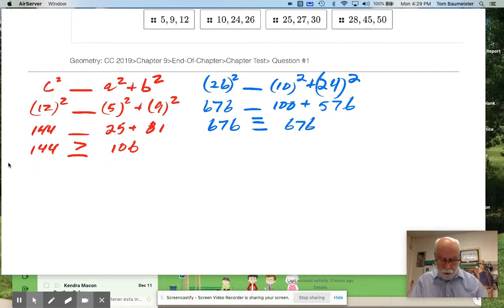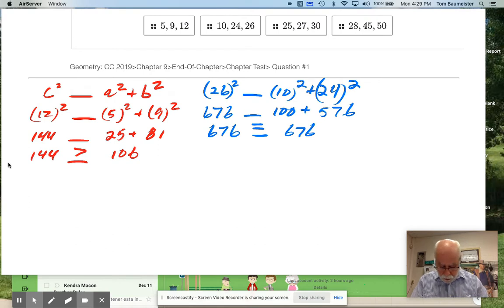Our next one, 30 squared. I'm going to leave that blank, and then we're going to say 25 squared plus 27 squared. 30 squared is 900.